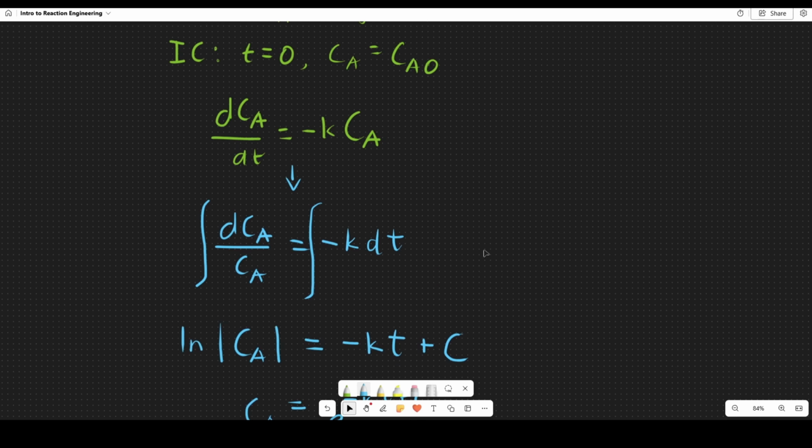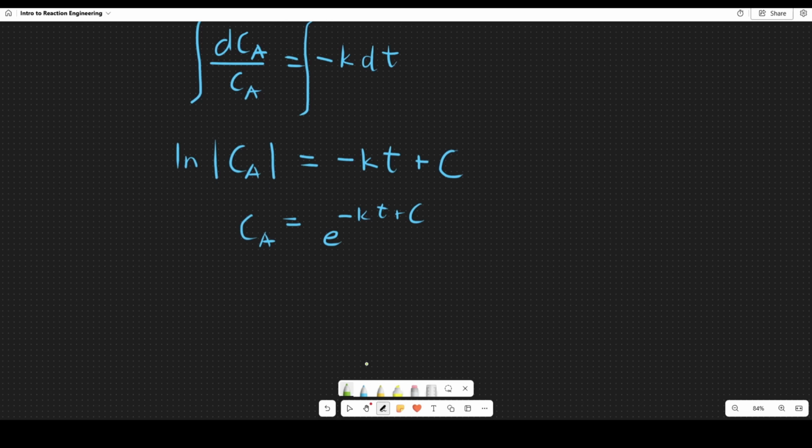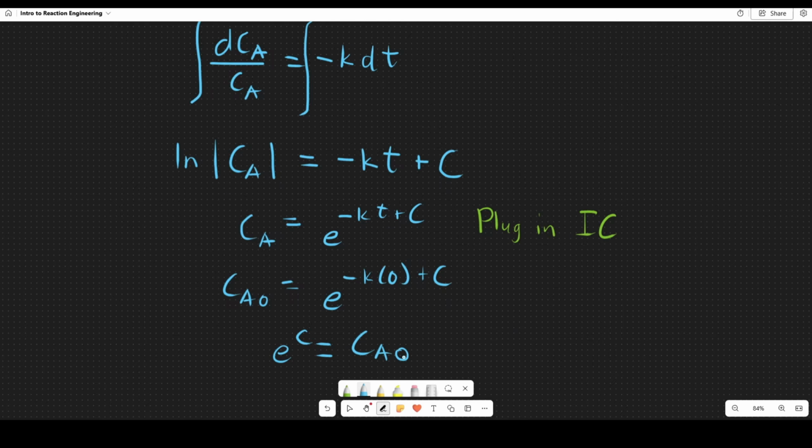We can now plug in our initial condition, where t equals 0, CA equals CA naught. If we plug in 0 for t, we get nothing but e to the c, which is a constant, equivalent to CA naught. Because CA naught equals e to the minus 0 plus c. So let's just call e to the c as CA naught.